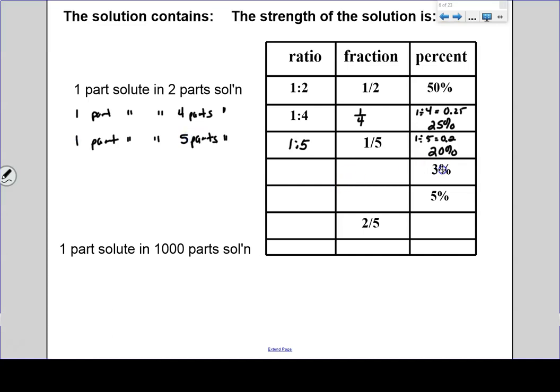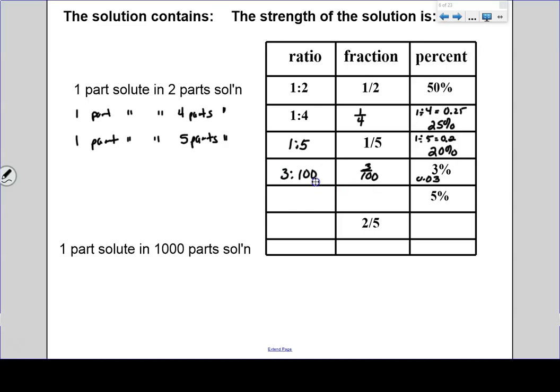Next, 3%. Well, we're going to have to work our way backwards and get the fraction for 3%. If you remember, 3% converts to 0.03, and 0.03 would be 3 over 100. So the ratio would be 3 to 100.